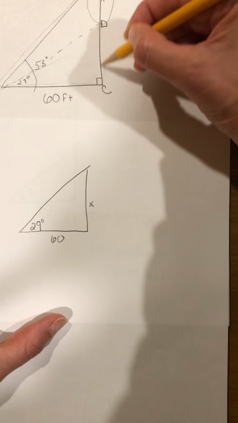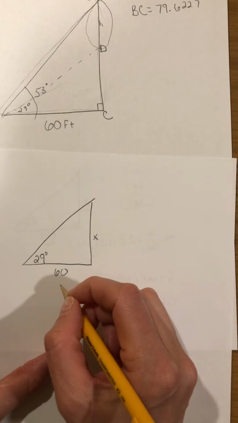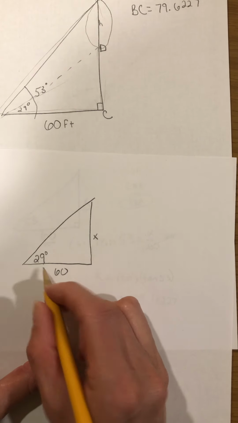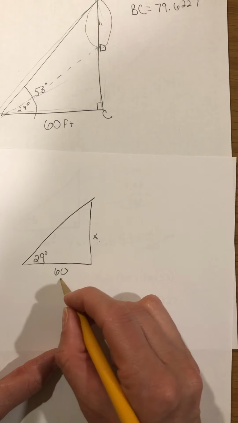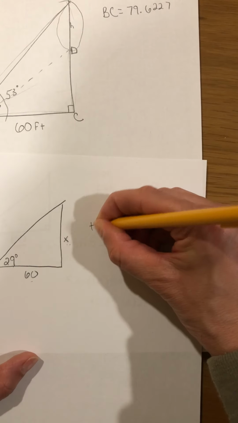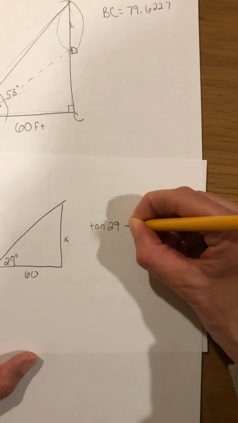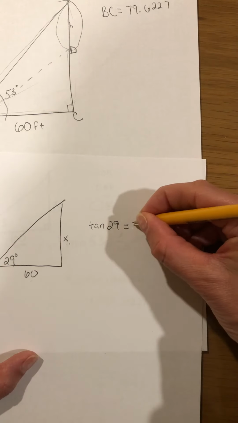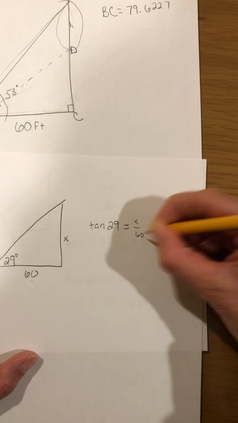So now we're going to try to find DC. It looks like we're going to use tangent again because we have to go with what we are given and what we're looking for, adjacent and opposite. So this time we're doing tan 29, tan of the angle equals the ratio, opposite over adjacent. X over 60.